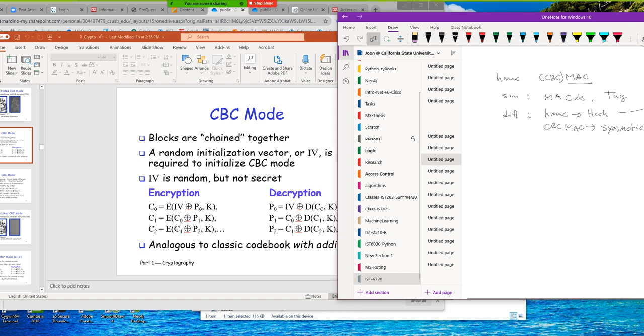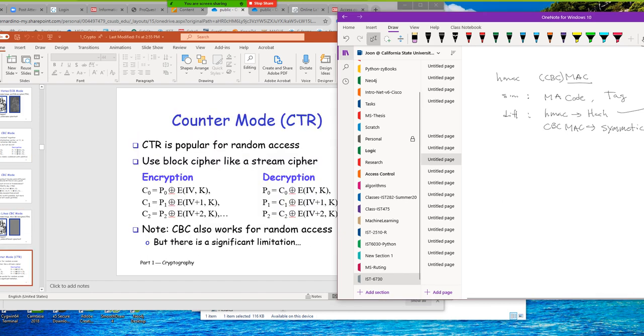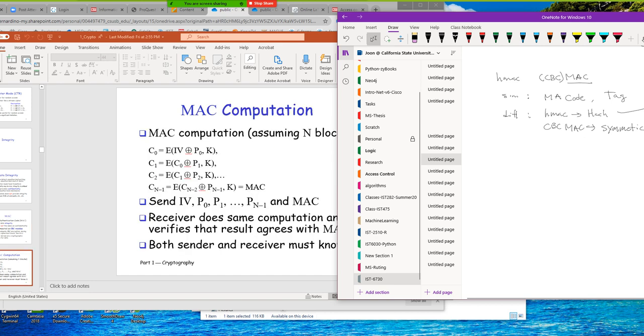Now, let me review the CBC a little bit. For integrity, let's look at the MAC. Basically, you have an IV, which is just a random value, and then you have P0, P1, P2. Let's say this is an example, a review.